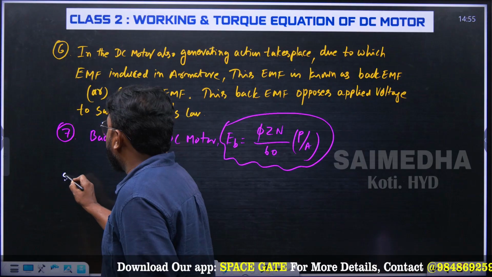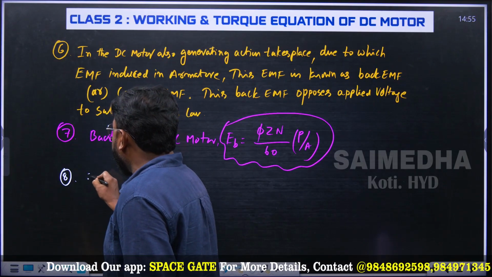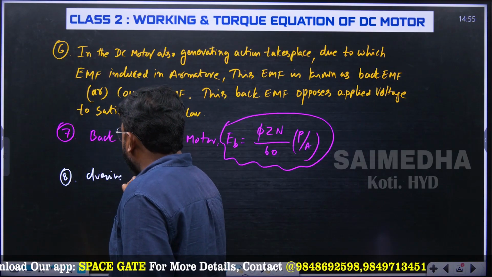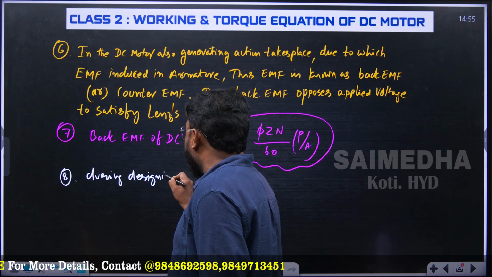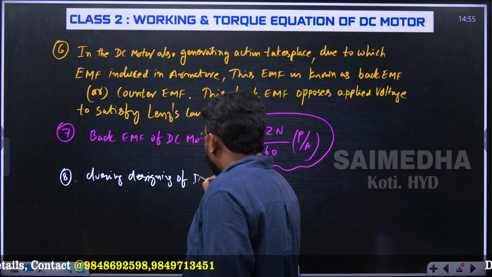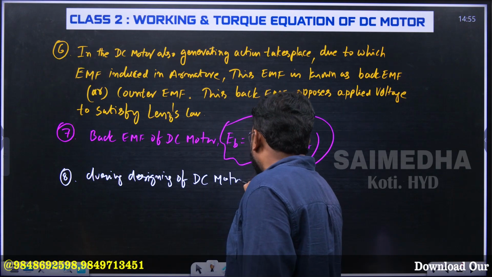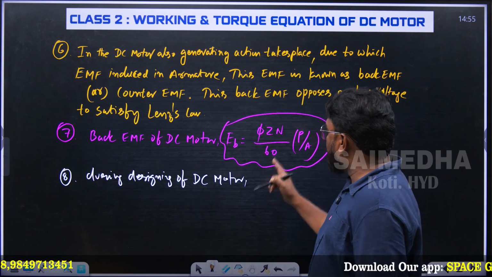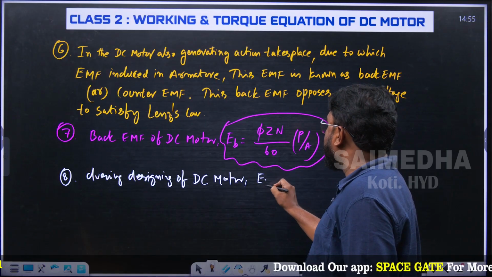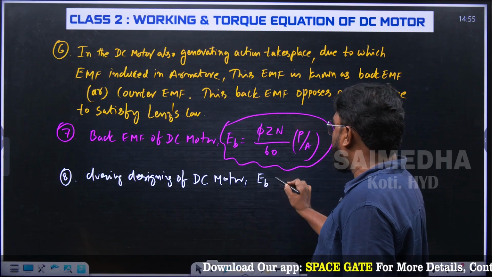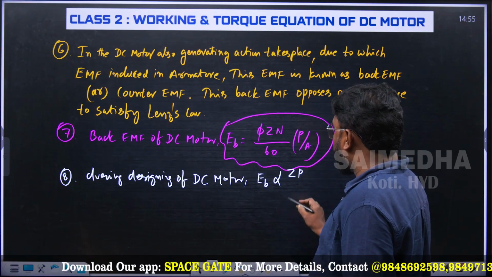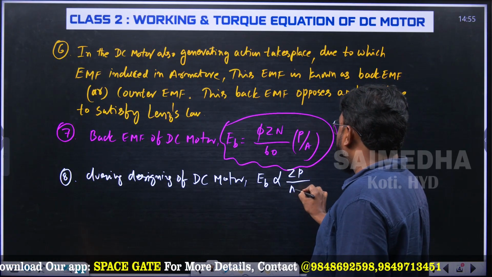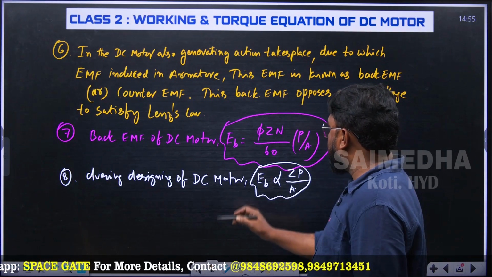So another one, the 8th one: during designing of the DC motor, what will happen? During the designing of the motor, this back EMF is directly proportional to the number of conductors, directly proportional to the number of poles, and inversely proportional to the number of parallel paths.